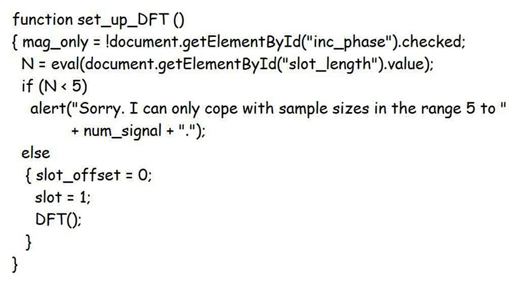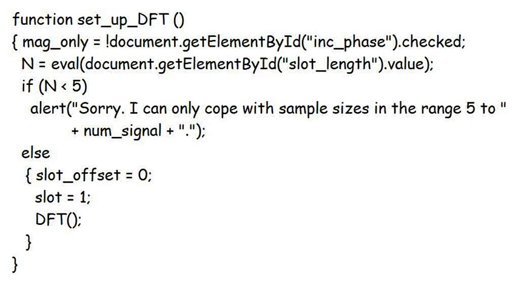N is set to the contents of the slot length field to determine how many samples there will be in each DFT calculation. I have arbitrarily set a lower limit of 5 samples per slot, so if you enter a lower value, the program will complain. Assuming the slot length is large enough, the program finally calls function DFT to tackle the first time slot.